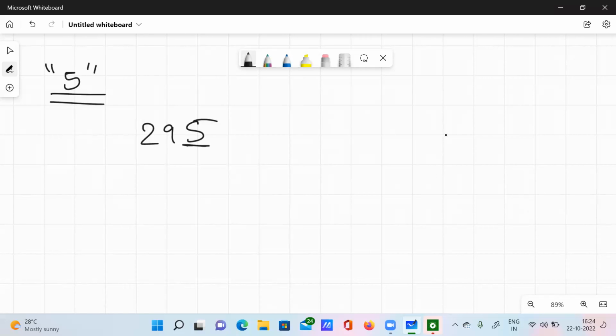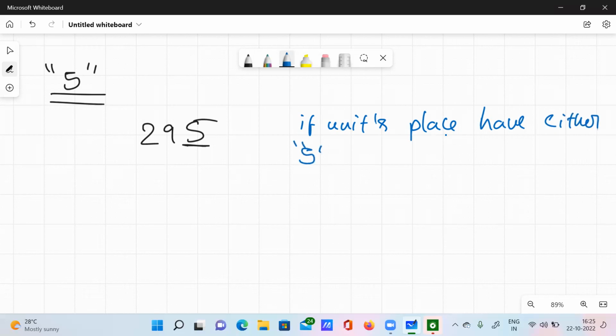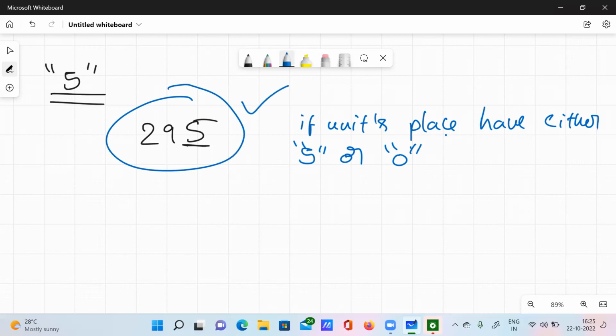The condition is: if the units place has either 5 or 0, then you can say that the entire number is actually getting divisible by 5. Since this number has 5 in its units place, you can confidently say that the entire number is getting divisible by 5 here.